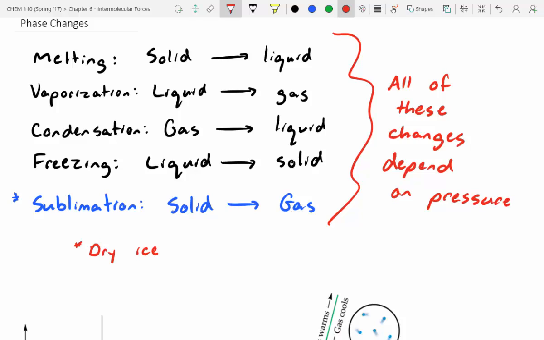So for example, if I were to go out into outer space and take water with me and then release the water out there, it would really quickly evaporate, even though it wouldn't do that on Earth, because we don't have pressure in outer space, right? So you have to take into account pressure. However, in this class, we're going to assume all our experiments are done on Earth under normal pressures, right?